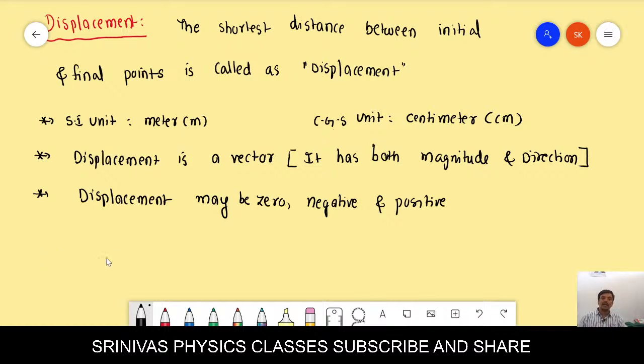Now, what is displacement and how to find it? We are telling it is the shortest distance between the initial and final points. There is one formula for the displacement.